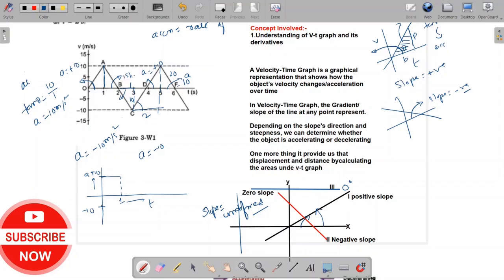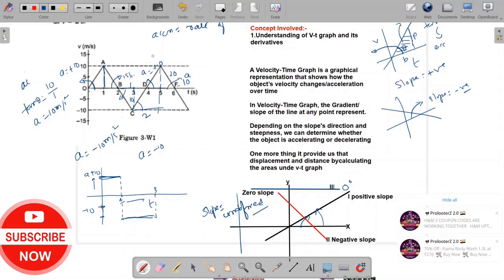So suppose this is minus 10. Okay, now this is 1, 2, 3. Suppose this is 3. For 3 seconds it's all negative. So I can just draw a line like this. This is minus. I'm just joining the dotted line, so you should not consider the dotted line. You just have to consider these bold lines, which I'm drawing over here.